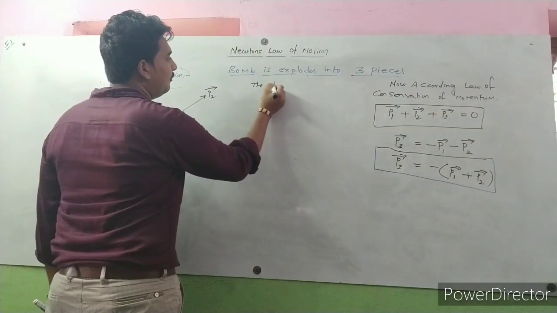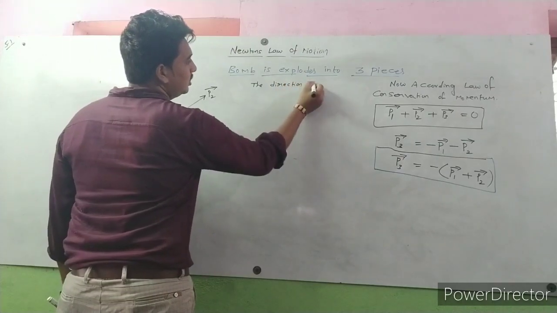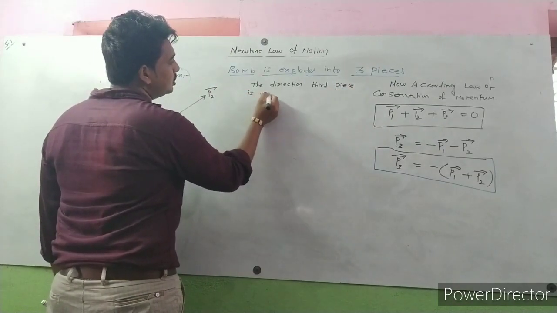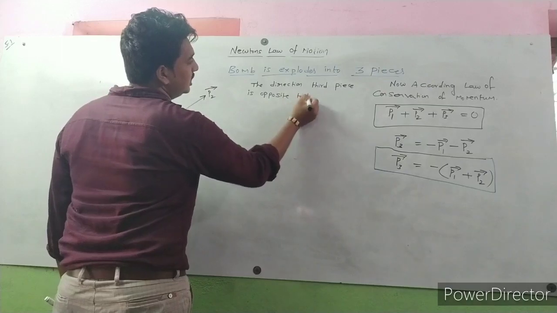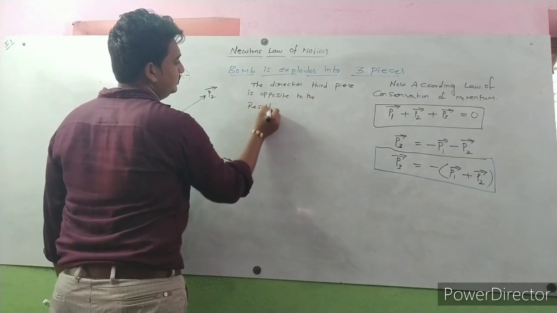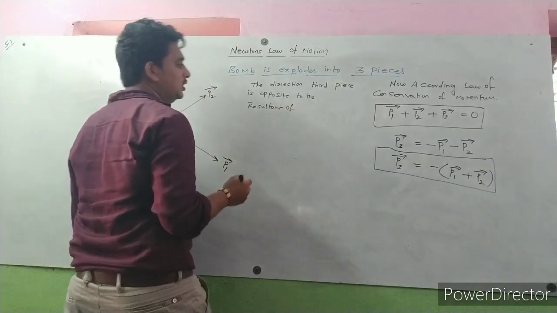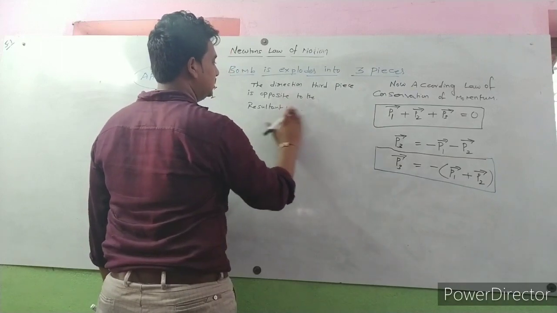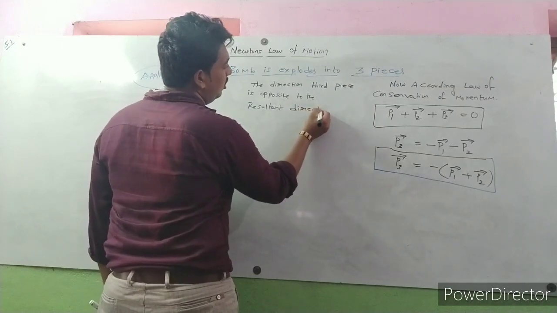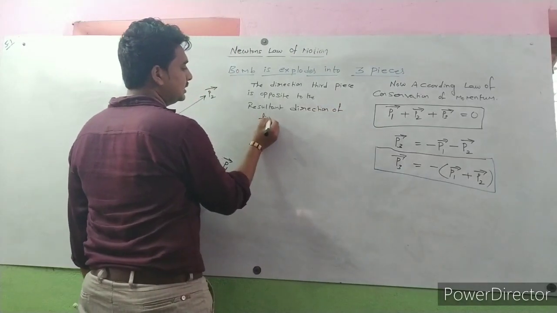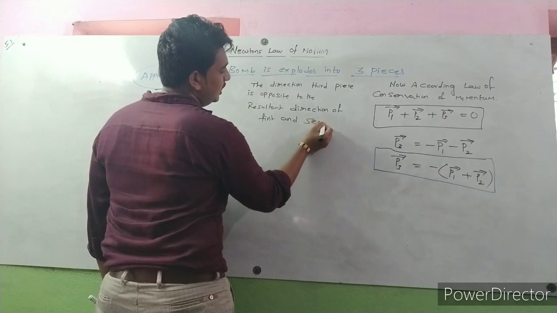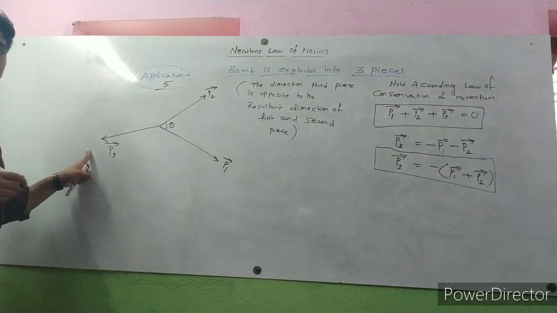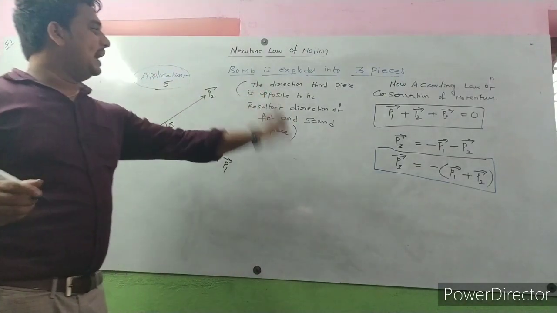Observe carefully: the direction of the third piece is opposite to the resultant direction of the first and second piece.